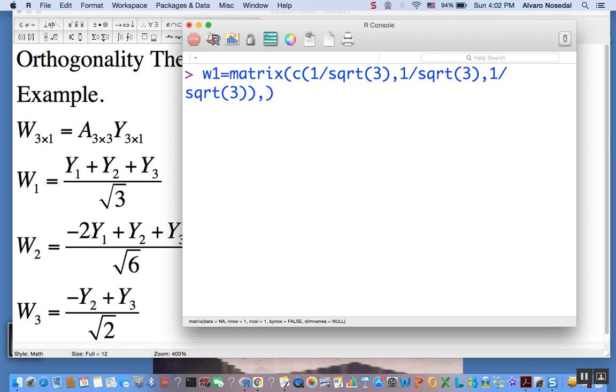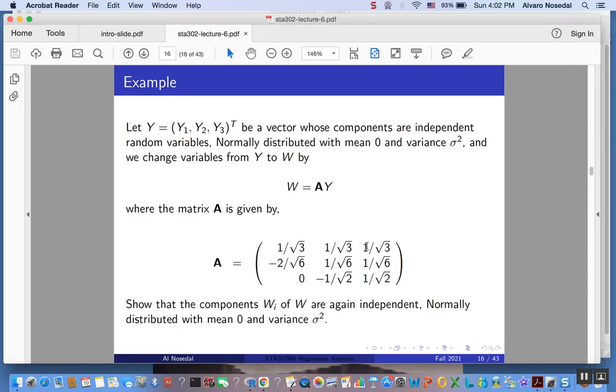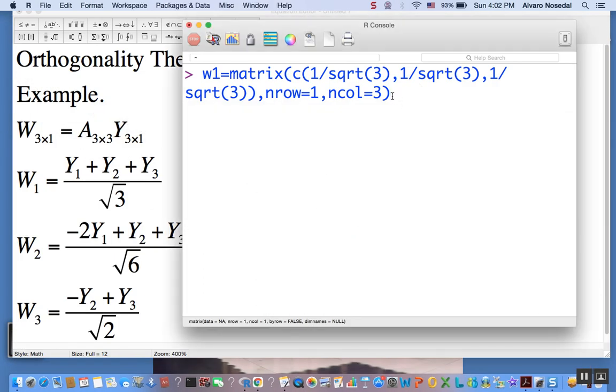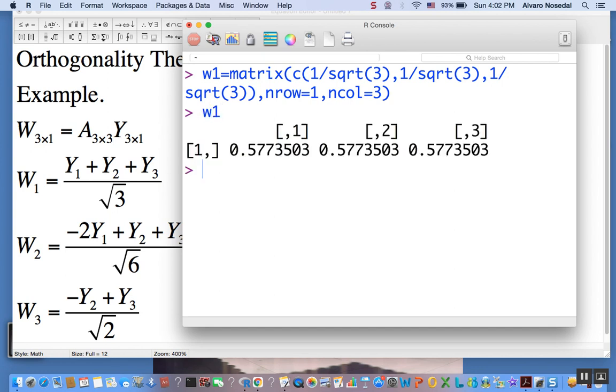Okay. So we have just one row, that is the first row of the matrix A, right? One row, 3 columns. What we have here is W1, first row here. Okay? That's what I mean by that. Let's make sure that we have what we want. Looks right. Okay.